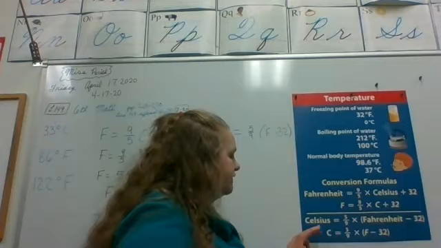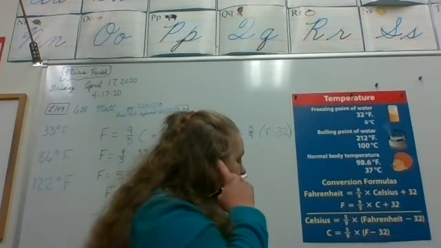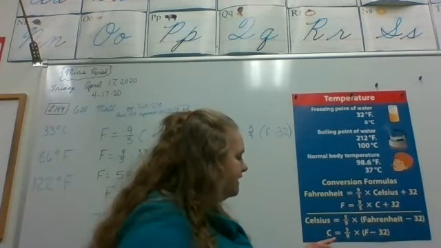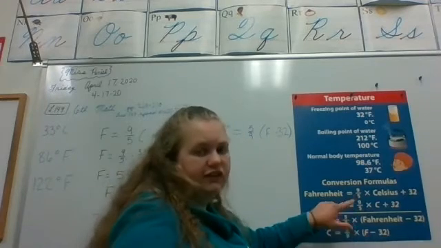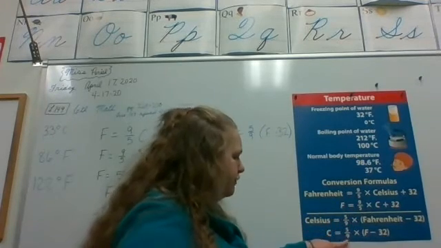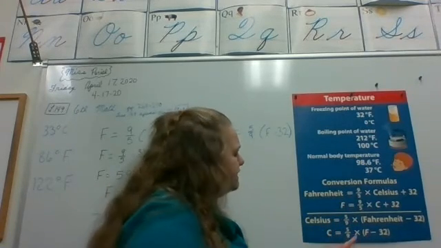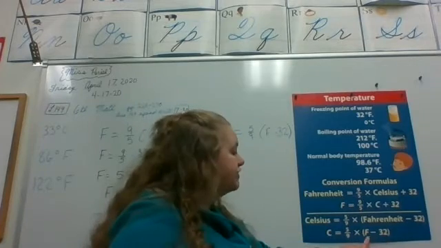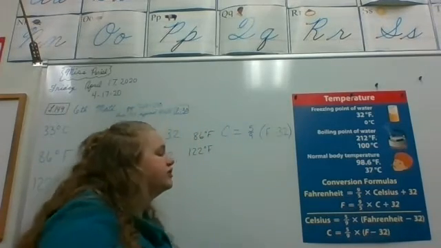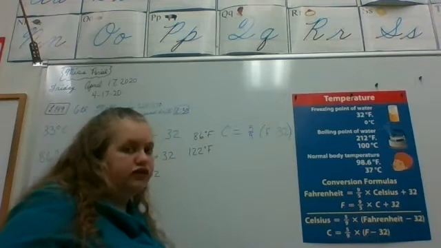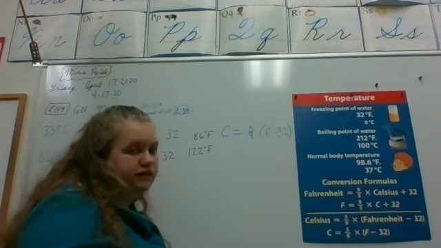But if we're given Fahrenheit and we want Celsius, the formula is C equals 5/9, so we reverse our fraction, 5/9 times F minus 32, but this is in parentheses, okay? And in our order of operations, would we multiply first or would we do what's in parentheses first?